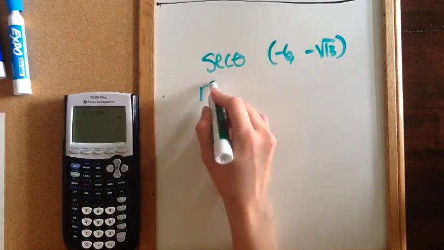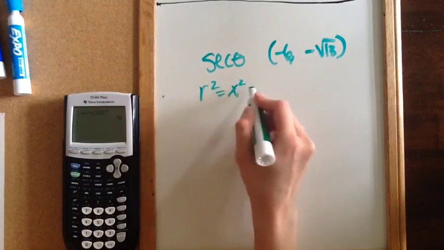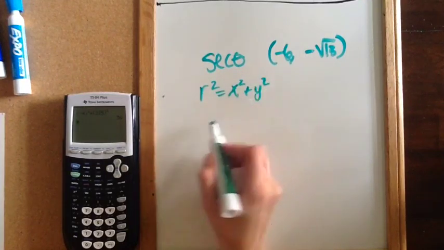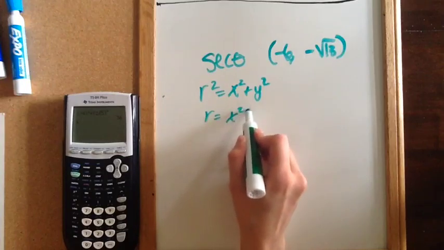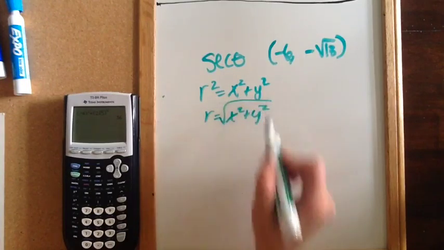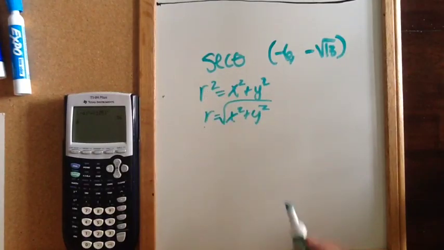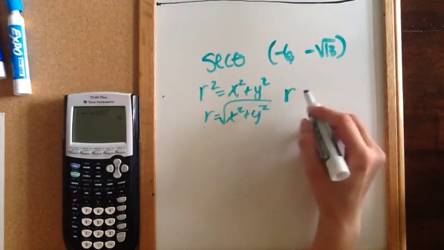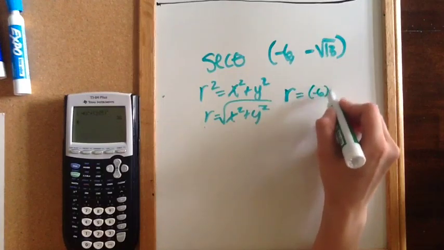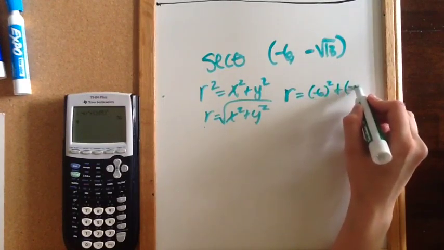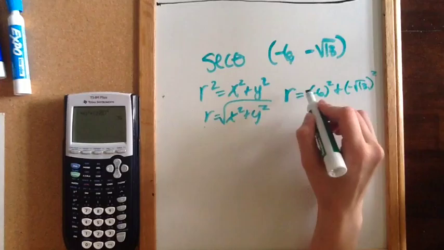Remember that r squared is x squared plus y squared, which is the same thing as r equals the square root of x squared plus y squared. These two are the same thing. This one's solved for r, this one has r squared. So to find my r value, I'm going to do negative 6 squared plus negative root 13 squared, all underneath the square root.